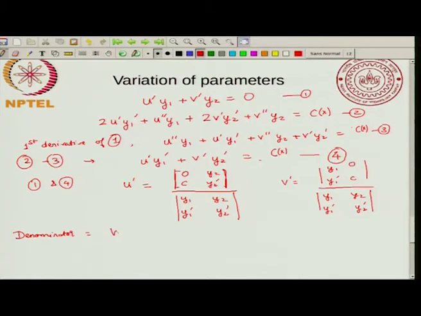The denominator is referred to as W, or the Wronskian, and this is basically y1 y2 prime minus y1 prime y2.